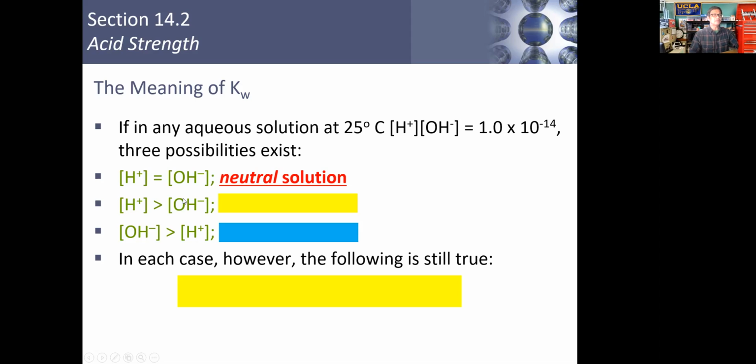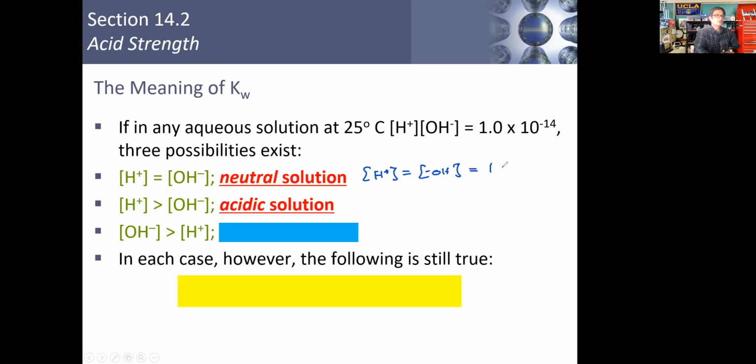However, what if you have a solution in which the hydrogen ion concentration is greater than the hydroxide ion concentration? In that case, you have an acid solution. What that means is that the hydrogen ion concentration is going to be greater than 10 to the minus 7. Let me go ahead and write this in as a note. In this case, the hydrogen ion concentration is equal to the hydroxide ion concentration, which has to be 1 times 10 to the minus 7 molar.